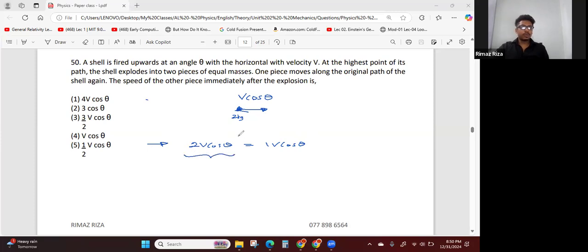So this is before the explosion. After the explosion, 1 into v cos theta and the speed of the other piece immediately after the explosion must also be in the same direction, 1 into v cos theta. That's all. So both will go in the same direction after the explosion, and both will fall at the same range.